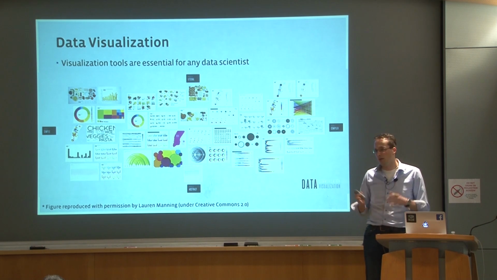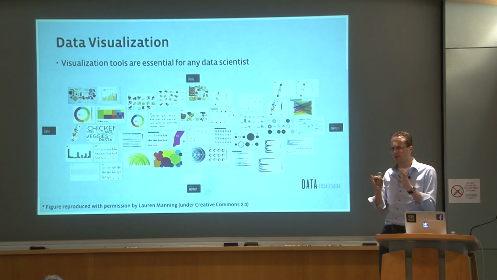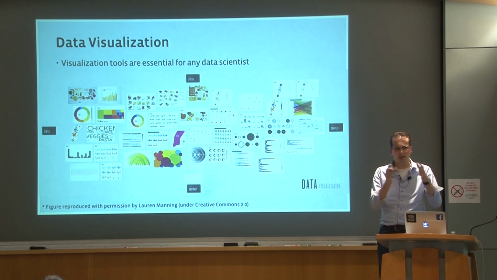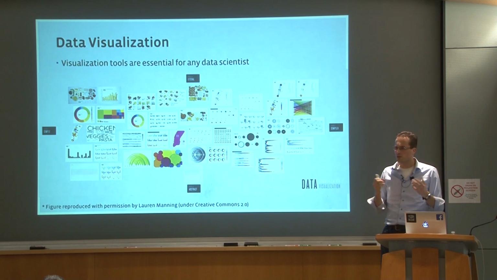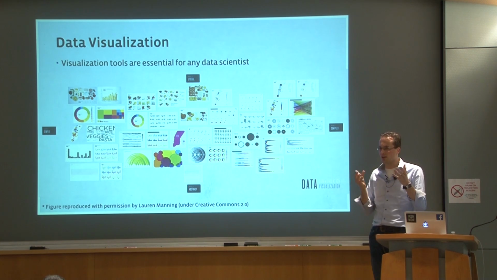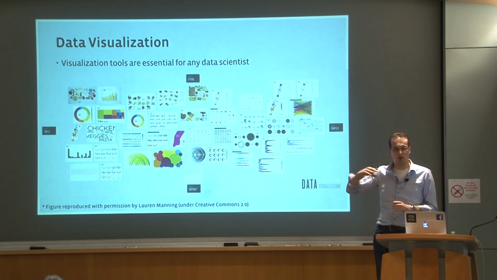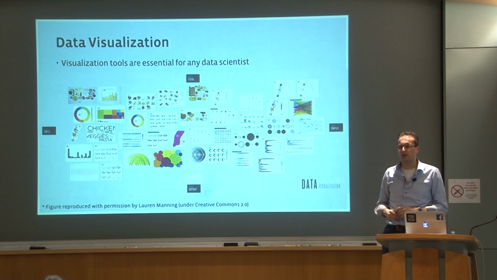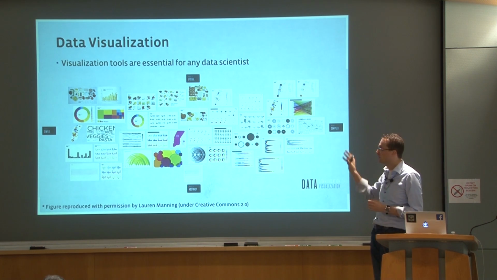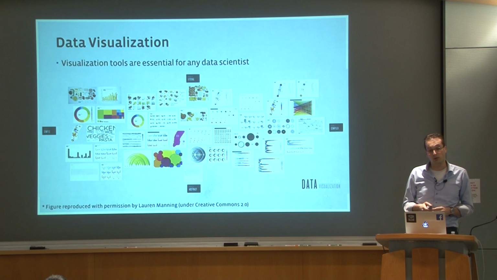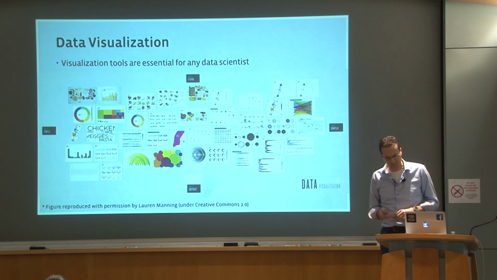Maybe the best you can do is a parallel coordinates plot, where you can look at 8 to 10 variables at the same time and still make some sense out of it. But in machine learning, we routinely work with hundreds or thousands or tens of thousands of variables, and there's no good way to use these techniques to visualize that sort of data.